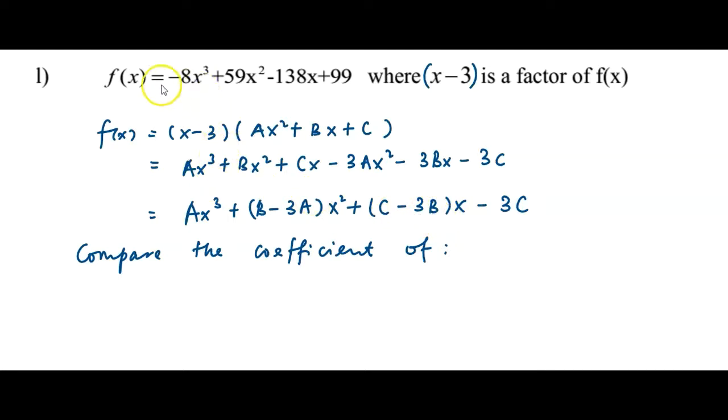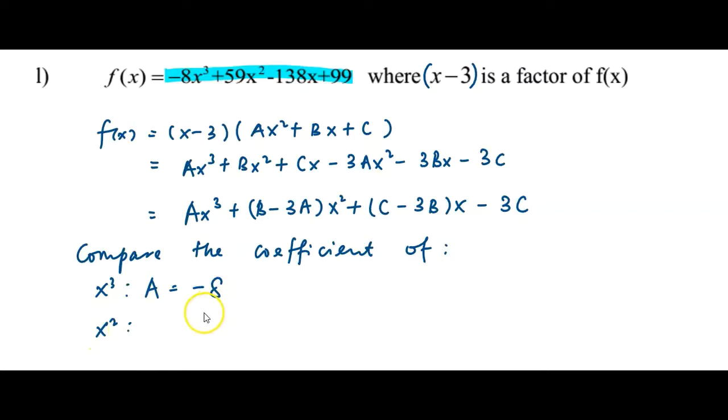Now we can just compare this expression with the expression given by the question, which is our cubic function. Then I will compare the coefficient of the x cubed, which I have a here, and in the function given it is negative 8. So a will be equal to negative 8.